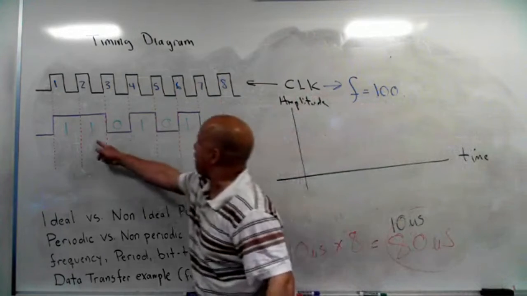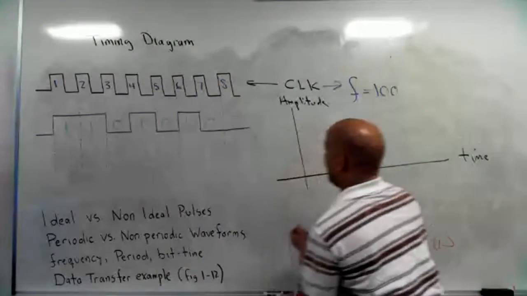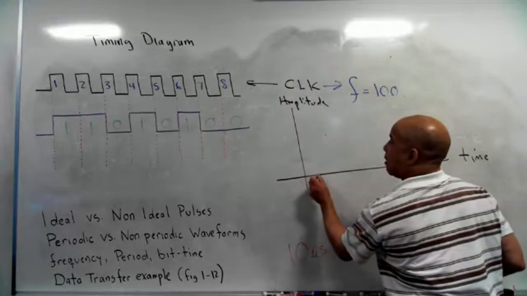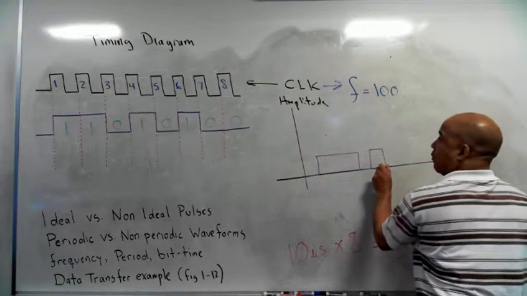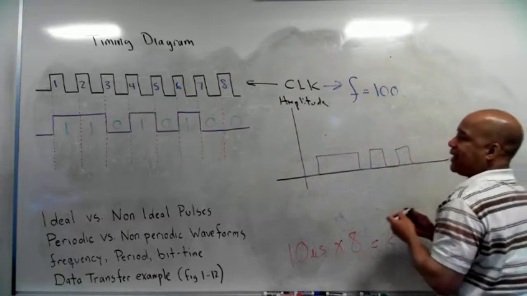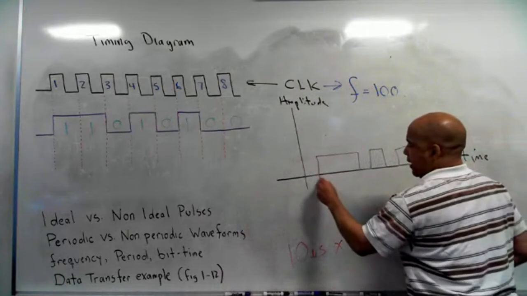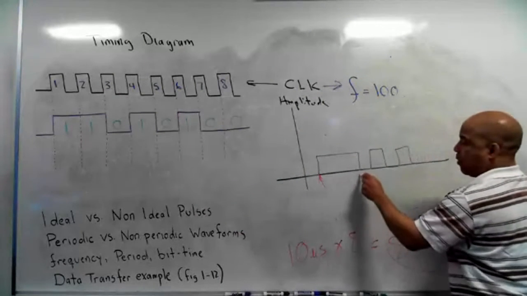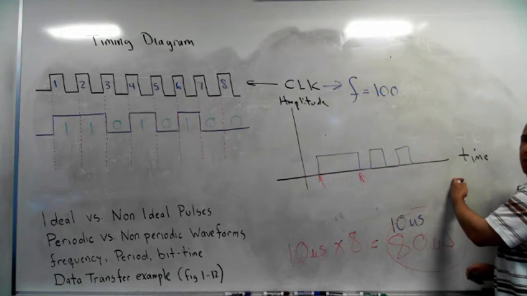If I lay this waveform down on this graph, it looks kind of like this. I won't draw the whole thing, but the point is this part right here happens in time before this part right here, because the seconds go up as I move further and further to the right.